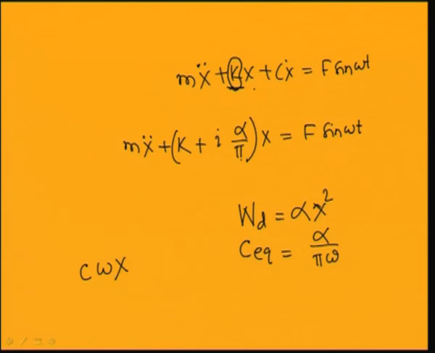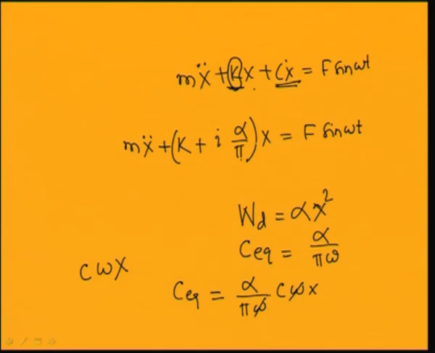Substituting the C equivalent, this omega gets cancelled, and the damping term is retained in this form: alpha by pi into x, or I can write this as k plus i into alpha by pi into x.